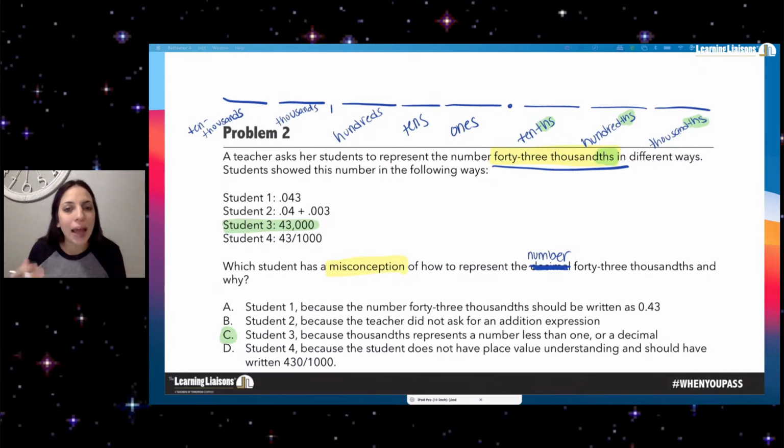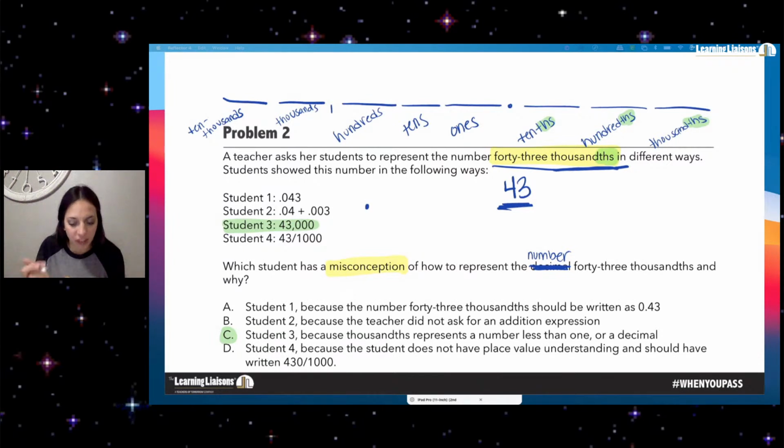Now, why is 43 thousandths represented like this or like this or like this? Because I have 43 thousandths, which means that the last number in my response has to sit on that thousandths place value.